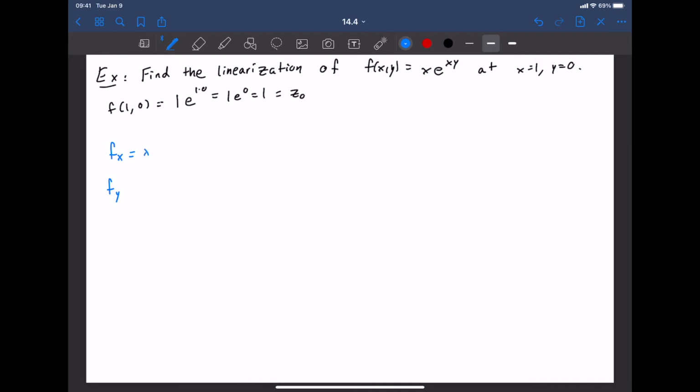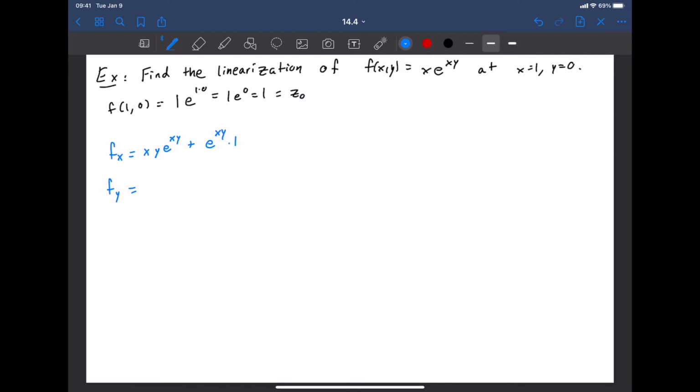So that's first times the derivative of the second, which is y e to the xy, because I have to multiply by the derivative of the exponent, treating y like a constant, plus the second, e to the xy, times the derivative of the first, which is just 1.